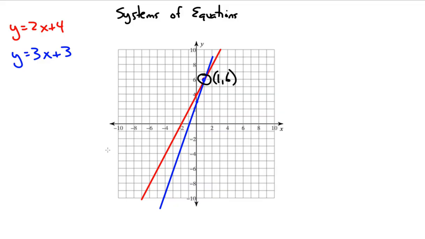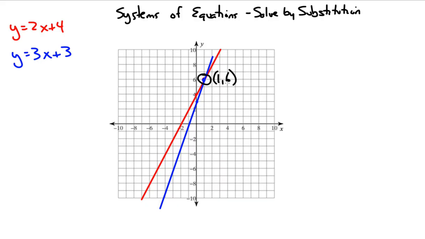Okay, today, instead of learning how to do it by graphing, we're going to solve systems of equations by substitution. So if we're trying to find the one point, in this case this one in black, that 1, 6, that works for both the red line and the blue line, well, the y value of that point is the same, and the x value of that point is the same.